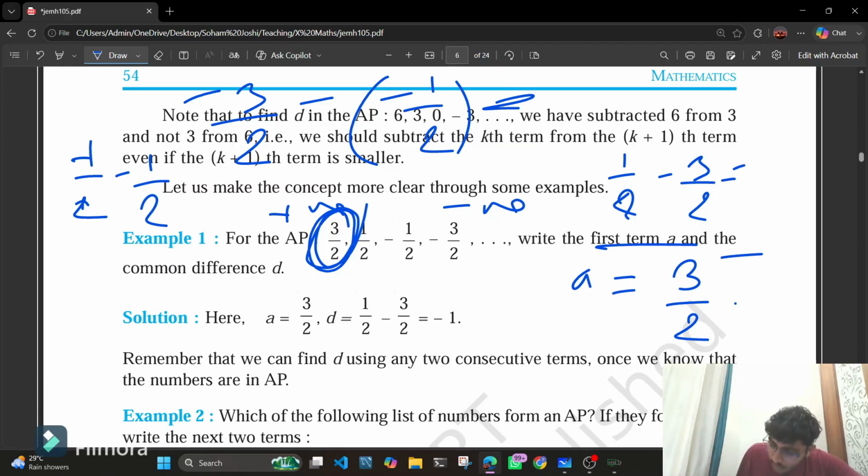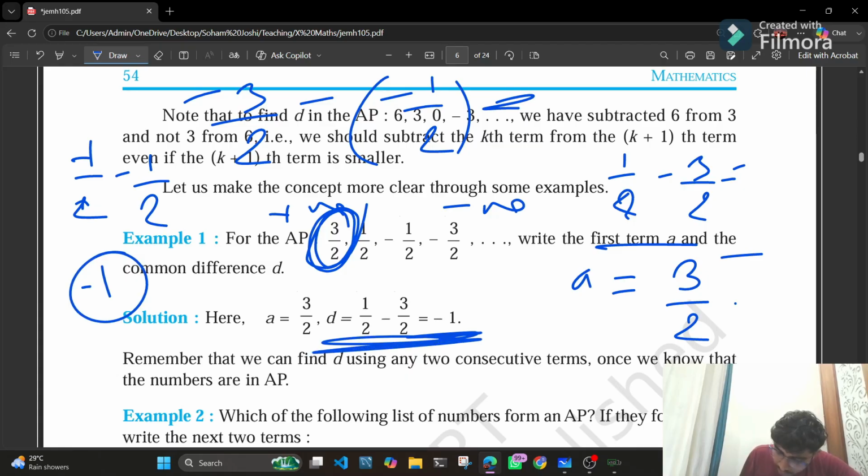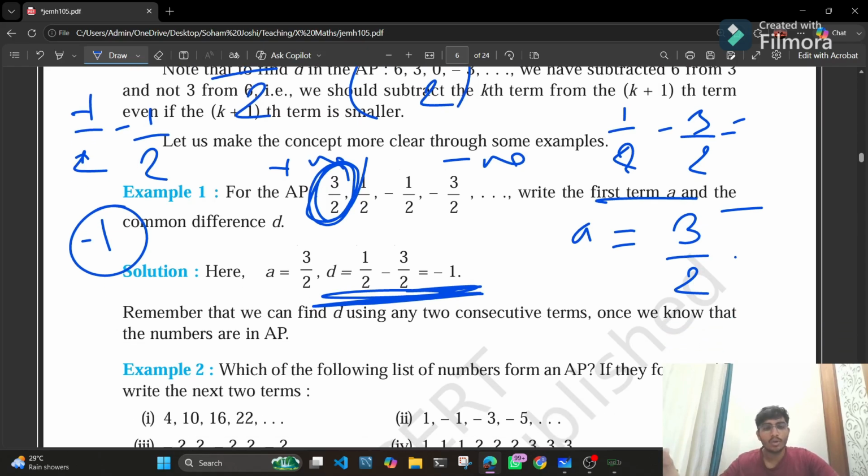If we write minus 1 by 2 minus 1 by 2, that gives us minus 1. So minus 1 is the common difference. We can solve the AP further also. If we add minus 1 to minus 3 by 2, then we'll get the fifth term of the AP and so on and so forth.